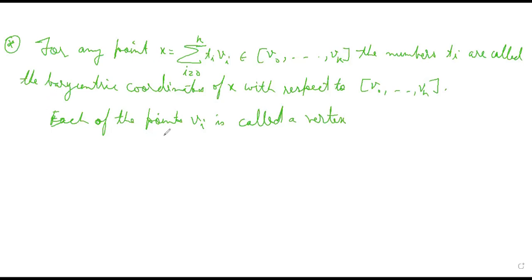Each of the points Vi is called a vertex of the simplex.